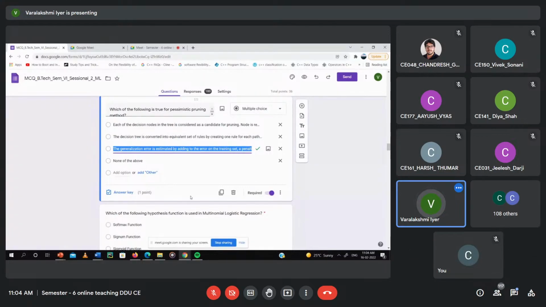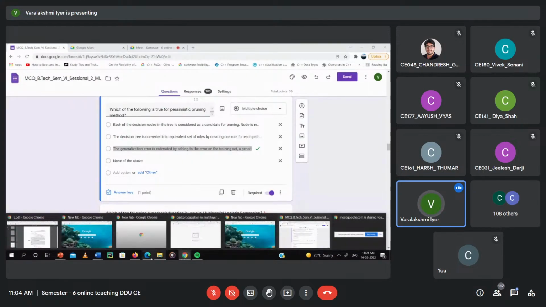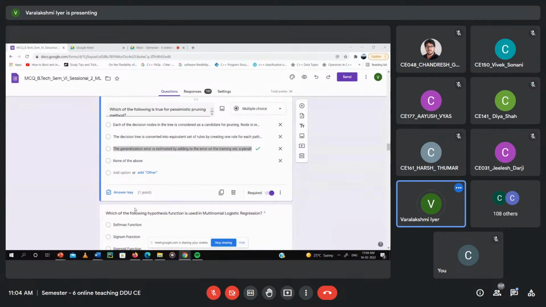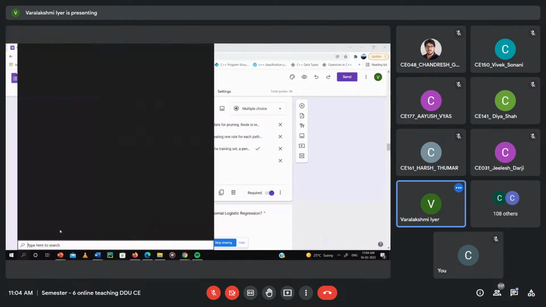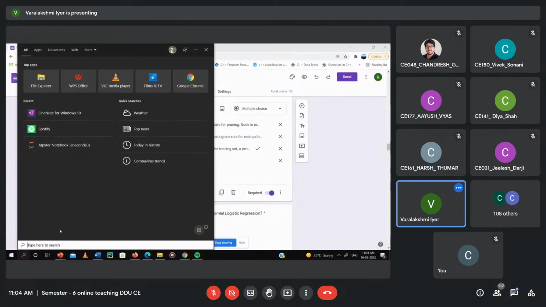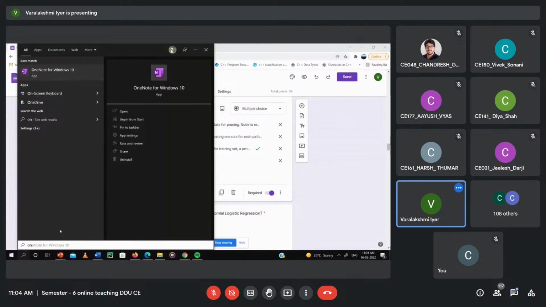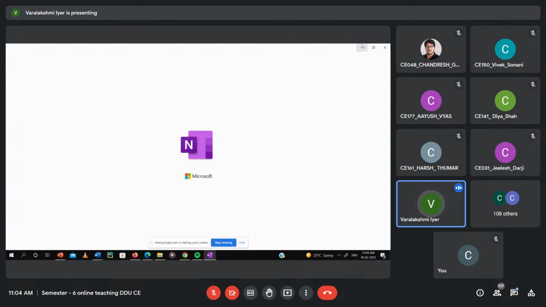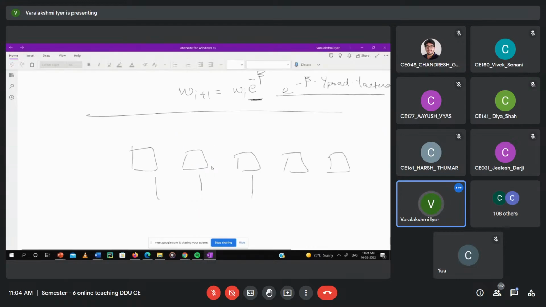If you recall, there was something called generalization error, which was for the classification error that we had, and we had discussed something called pessimistic error, in which we were adding a penalty term to the calculated error, because we were estimating that the error calculated through the model is not correct.